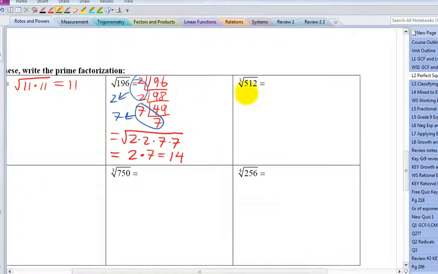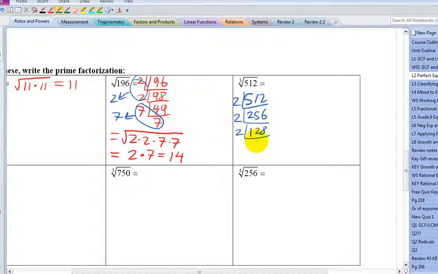Well, this one, 512. Divide by 2. 256. Divide by 2. 128.